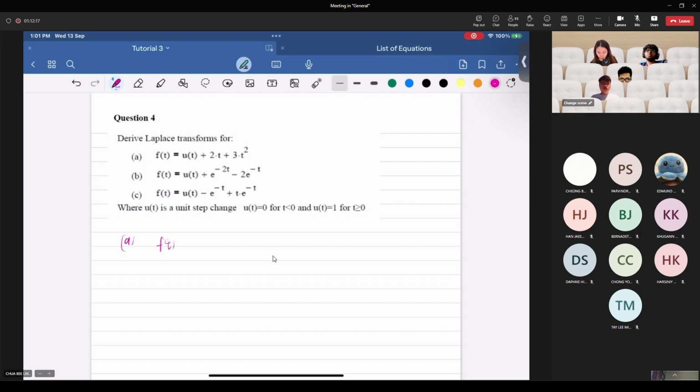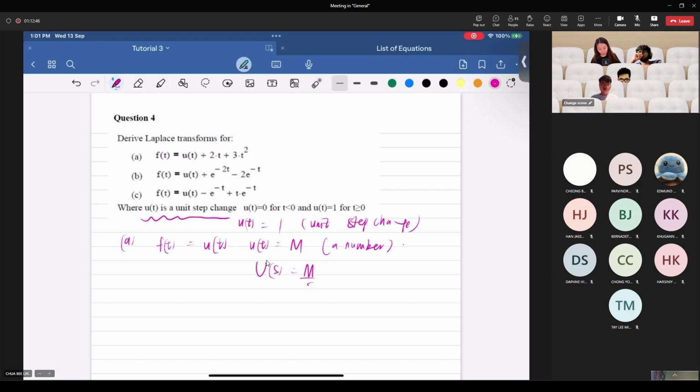So ft is ut, where ut is a unit step change. What is a unit step change? A step change is, if I put ut, it is 1. Then this is a unit step change. If I put ut equals a magnitude of m, a number, then I will have my us equals m over s.